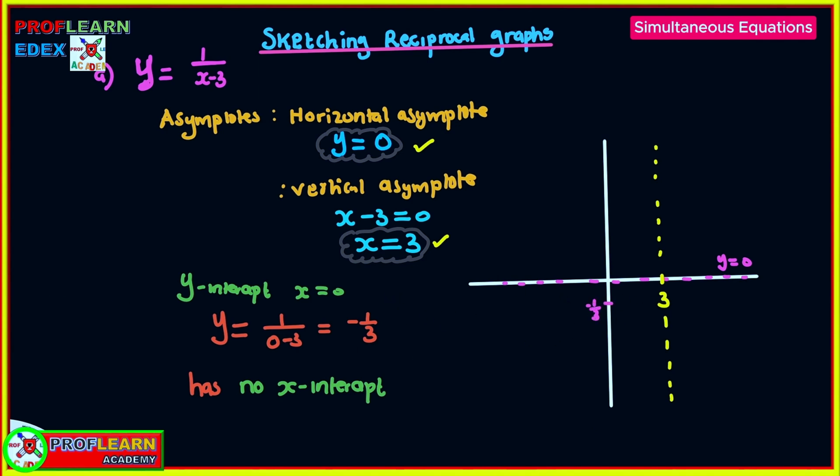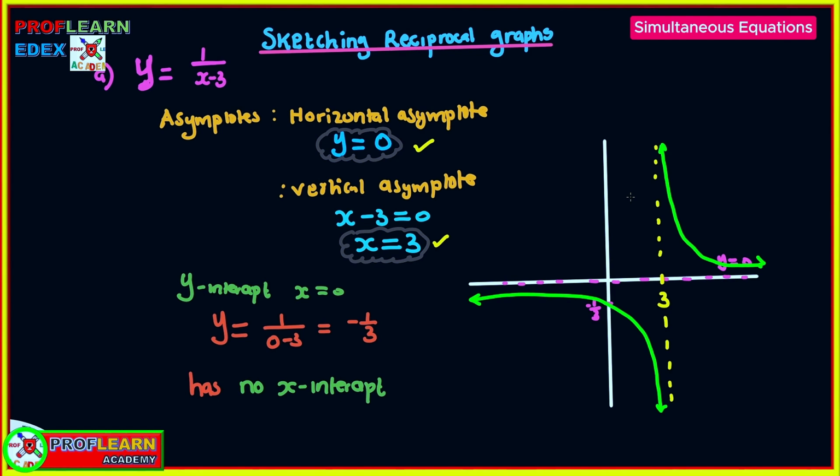So the curve is going to cut the y-axis at the y-intercept, which here is negative 1 over 3. The graph passes through that point like that and continues that way without touching those asymptotes. So that's how you sketch the graph that was given, y equals 1 over x minus 3.